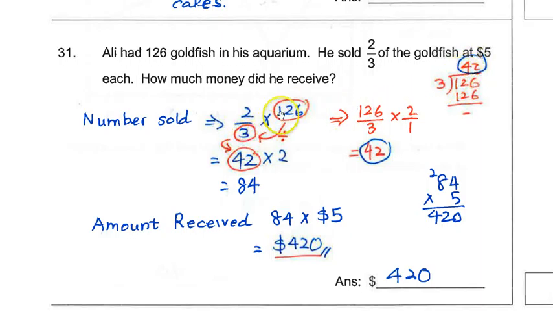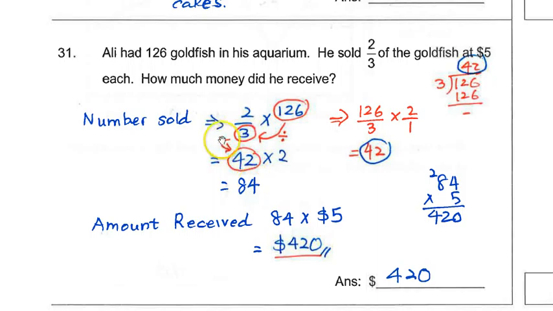So this whole thing becomes 42, because it's being divided by 3. So it's 42 times 2, which is 84. The number of goldfish sold was 84.